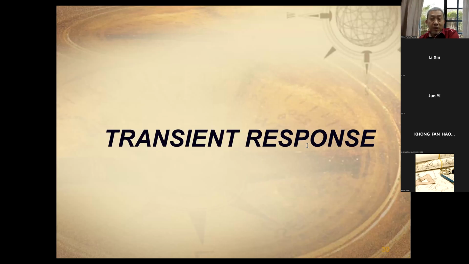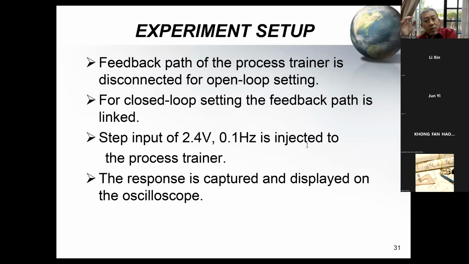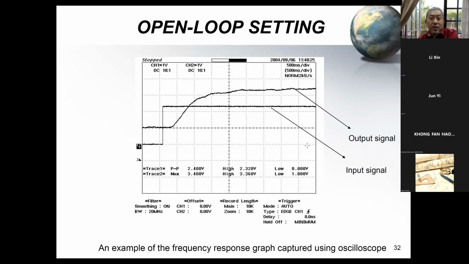And then we change from the correlation experiment to the transient response. We inject a step input of 2.4 volts with 0.1 Hz to the process trainer for the closed loop and open loop settings. You can see that we have two signals: this is the input, and of course this one is the output.